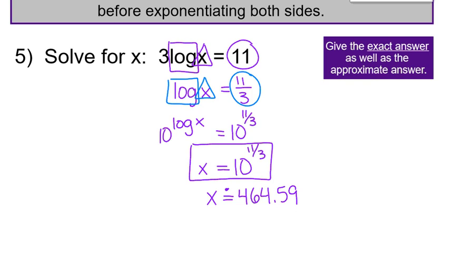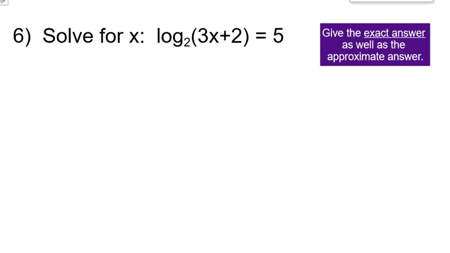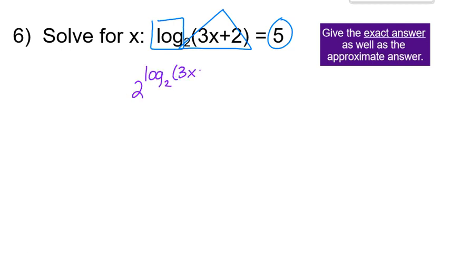All right, let's do one more logarithmic equation. Solve for x. Remember, if you want to exponentiate, you need the log of something equals a number. That's exactly what we have. So we are ready to exponentiate. And the base of our logarithm is 2. So we're going to do 2 raised to the left equals 2 raised to the right.